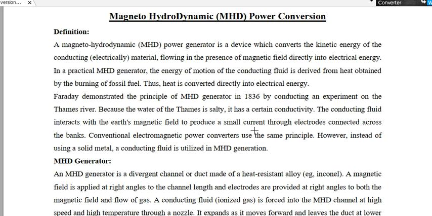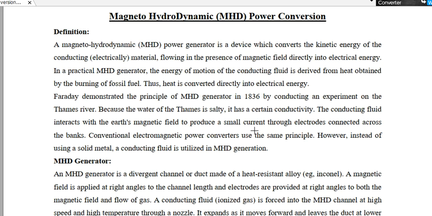So the working principle of the MHD generator was given by Faraday. He demonstrated in 1836 an experiment on the Thames River. As the water of the Thames River is salty, it has a certain conductivity. The conducting fluid interacts with the Earth's magnetic field to produce a small current through electrodes connected across the banks.